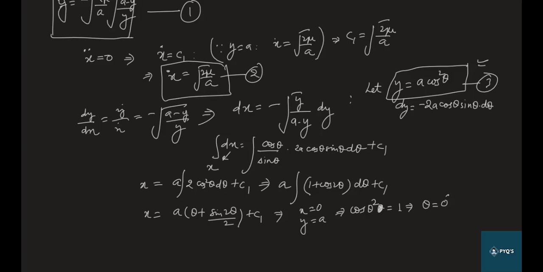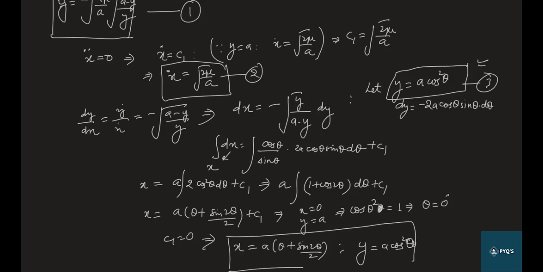So now if x equals 0 and y equals a, then theta equals 0. So from here I'll put theta equals 0, and x equals 0, I'll get c1 equals 0. So from this I'll get x equals a into theta plus sin 2 theta by 2, and y equals, I've already got that, a cos square theta. So these are the two parametric equations which we needed to find out here.